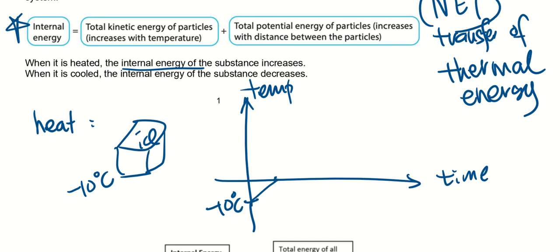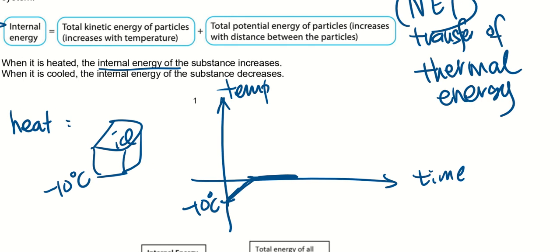Then what happens? Have you done this in Sec 2 somewhat? Done. So after that, if I continue to give it thermal energy, it will increase in temperature again until 100 degrees, right? And then it will be stationary. Then if I continue heating it up, the temperature will increase.